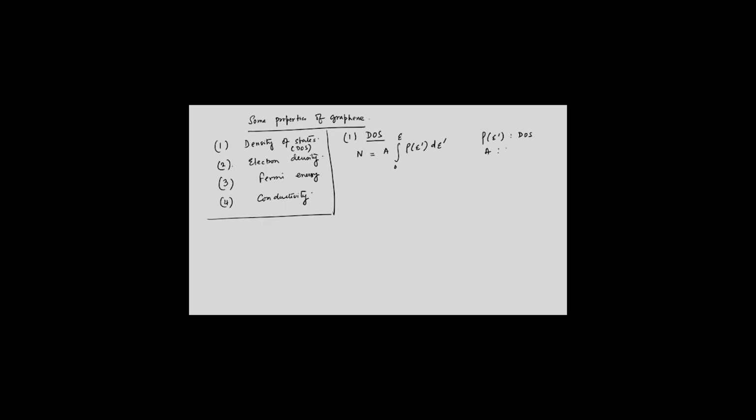A is the area. So, it is basically an areal density that we have, the total number of electrons divided by the area. So, n by A is called the areal density. Okay. So, we are going to integrate this expression from 0 to epsilon, up to which the linearity of the dispersion holds, and we are not sure, we just keep it as a symbol.